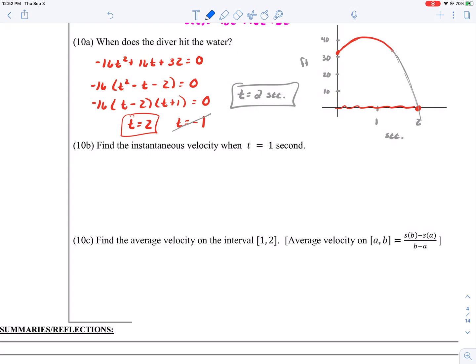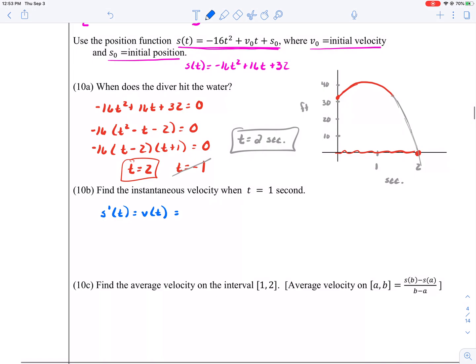So I want to know the velocity at t equals 1. That means I want the derivative of position. That's velocity. Okay, the derivative of position, the rate of change of position, is velocity. So we're going to use the power rule. So I'd end up with negative 32t plus 16.